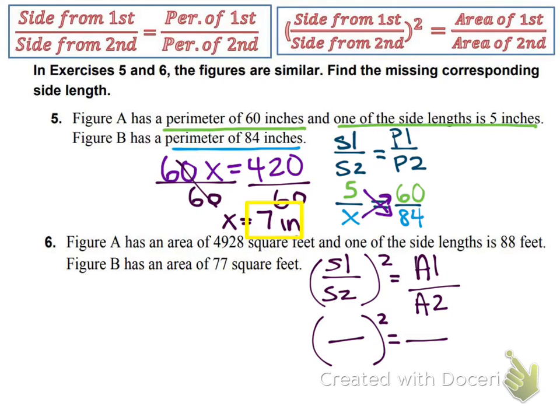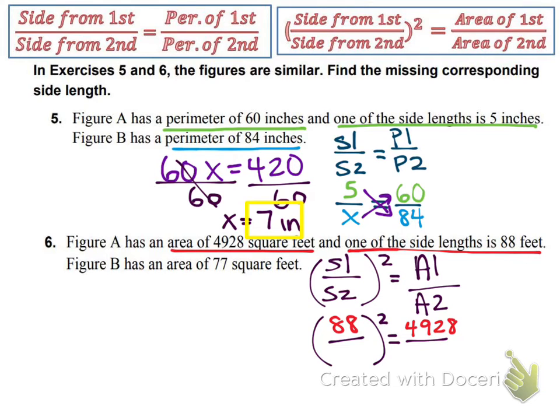All right, so it says figure A has an area of 4,928 feet. So that is the first area, area 1. So 4,928. And then one of the side lengths is 88. Yeah, correct. First side.